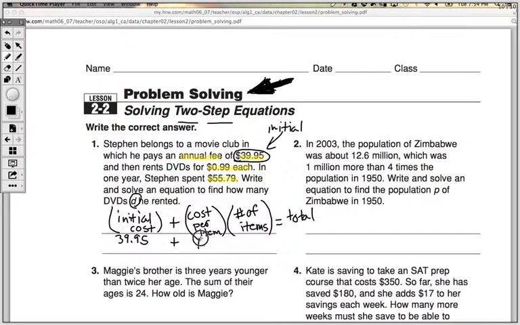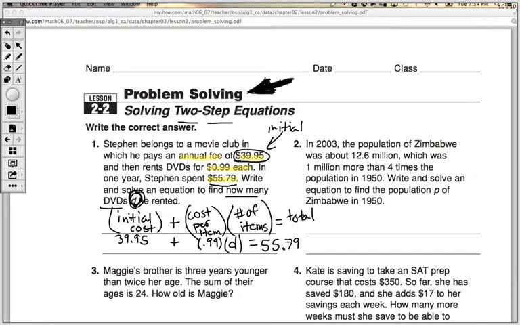So I'll put 99 cents. And then the number of items, that's what we don't know. That's that D. It says how many DVDs did he rent? So we'll put the letter D there. And then the last one is the total, which we do know. That's right here, $55.79.